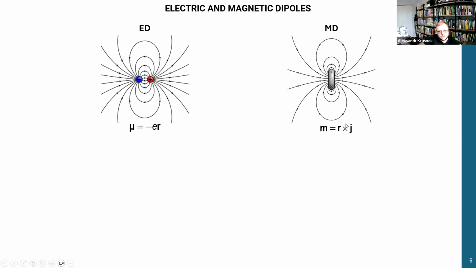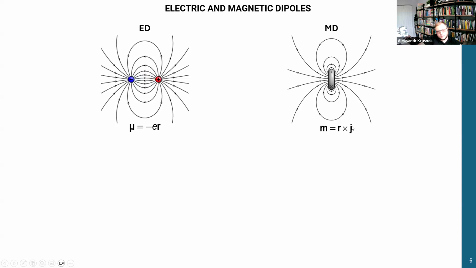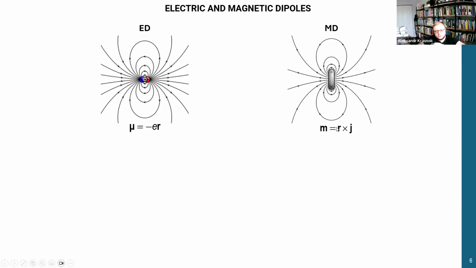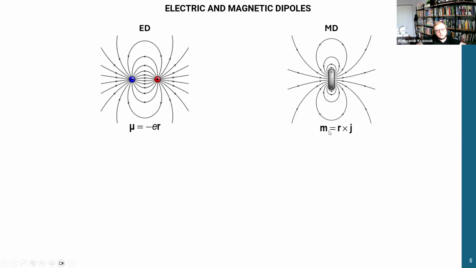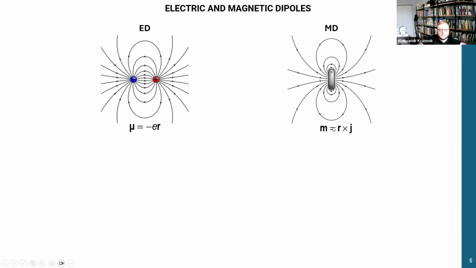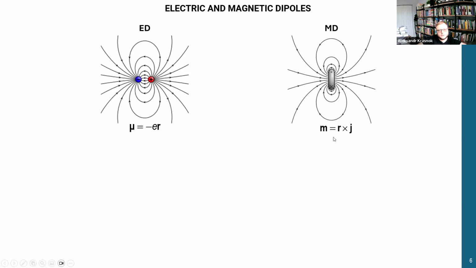If you do the space inversion, again all the coordinates get minus. R gets minus, the current gets minus, so you get minus and minus, and they cancel each other. So this magnetic dipole is an even function of the coordinate.